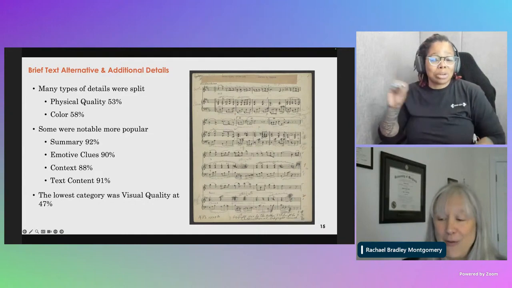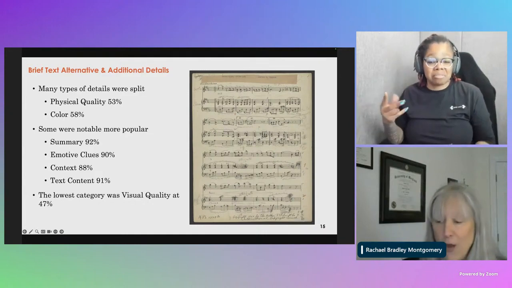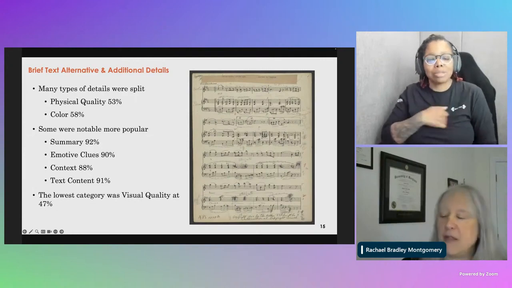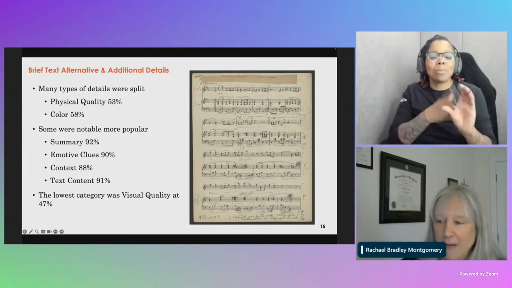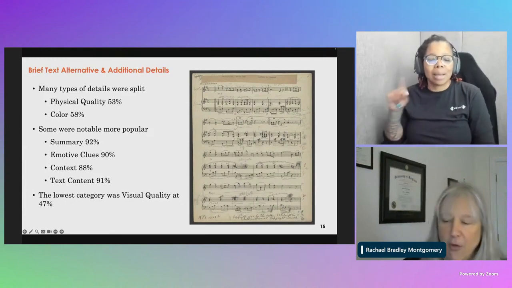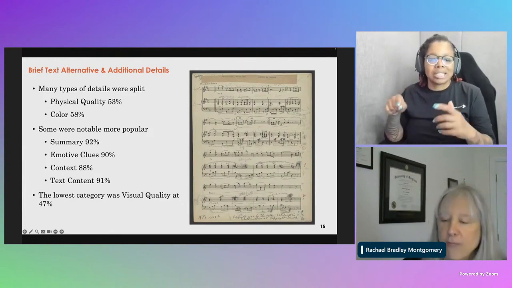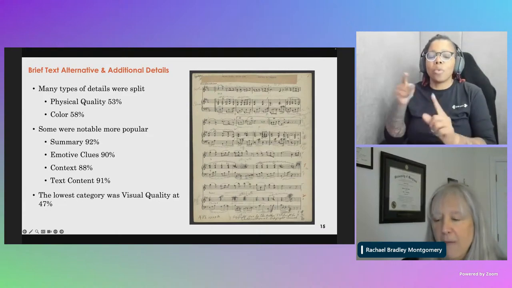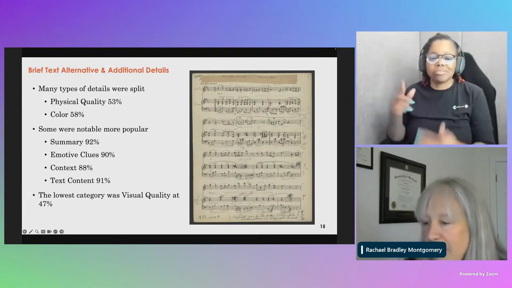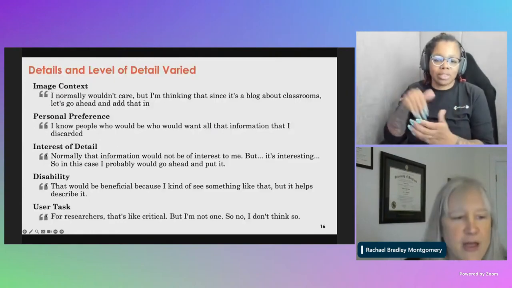So still approximately half of our participants wanted visual quality. And I'm sorry, I'm speaking of these as participants, but we actually had around 1,000 different data points, and this is of those data points across participants. Let me clarify my percentages there.